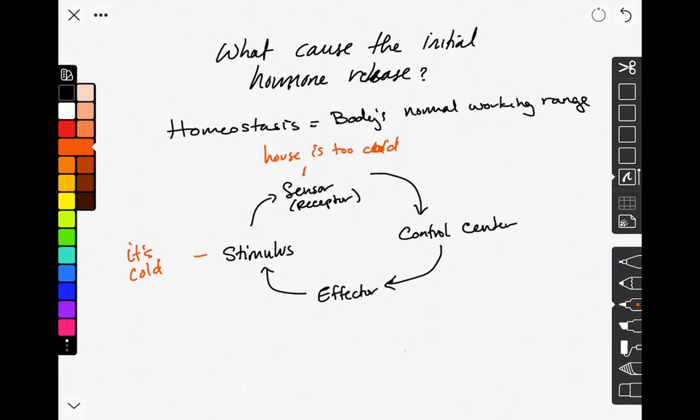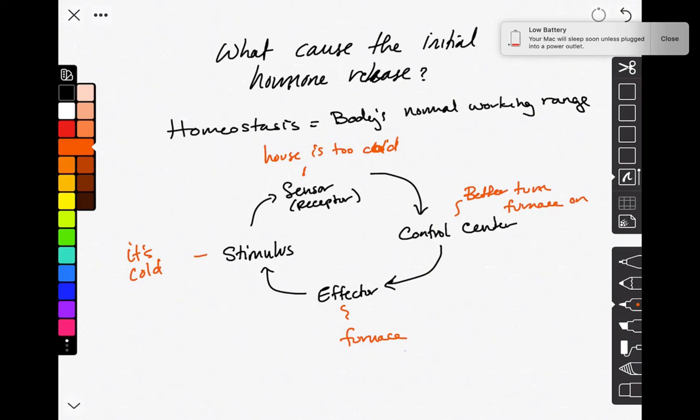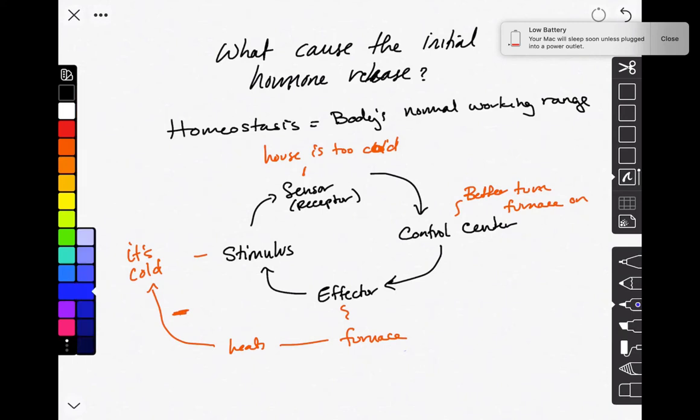And that information would be interpreted by the control center to be sort of better turn the furnace on. And the effector would be the furnace, which turns on the house and heats it back up. In this case, since it heats the house, it actually reduces that stimulus. So we would call this, because of the stimulus reduction, a negative feedback loop.